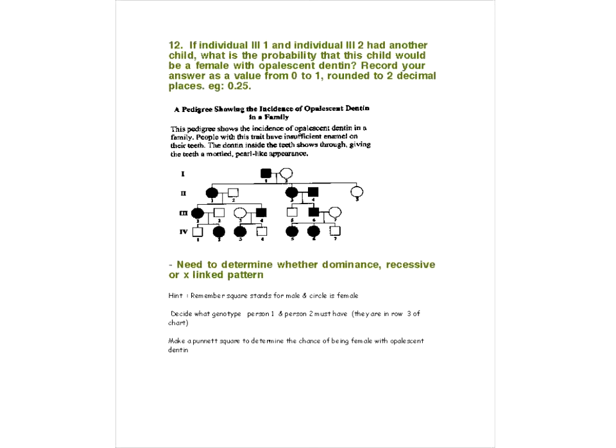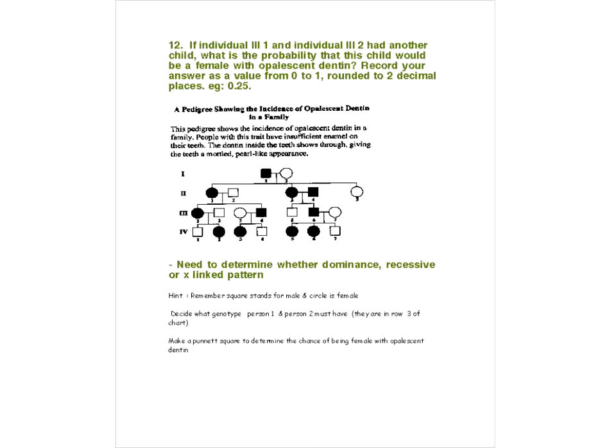Now the next question is relating to that, and it's saying if you have two individuals from this chart having another child, what's the probability this child would have opalescent dentin? Now this question is assuming that you know what type of pattern is going on.